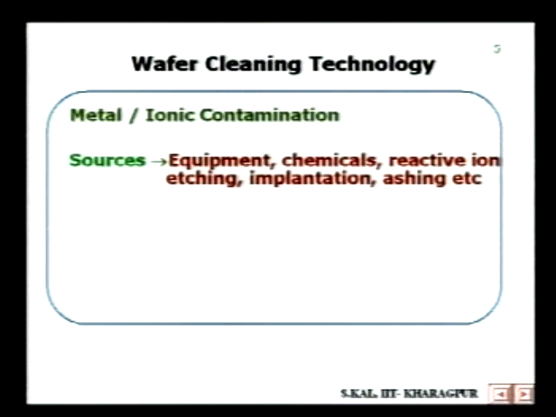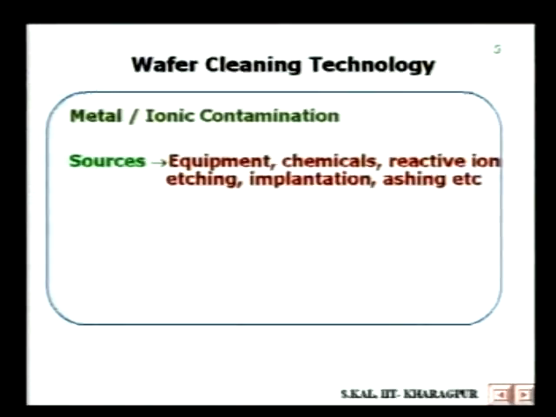Equipment is the common source of metal or ionic contamination, because most equipment uses metallic frames, which may experience higher temperature, and from those frames some metal ions or metal molecules may come.